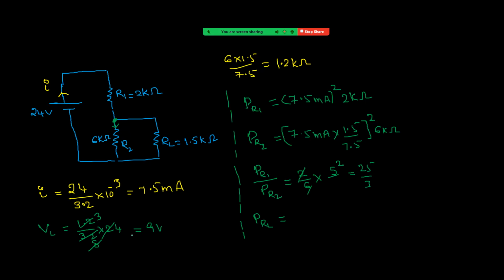It is 9, right? So we got 9 across this one. So I can take this result directly here. V square, it is 9 square upon 1.5 kilo. This is before interchanging. Okay.